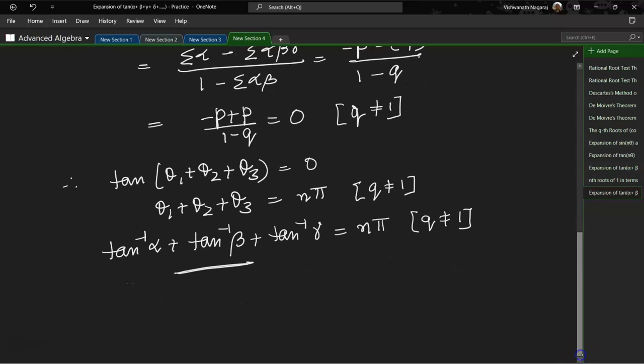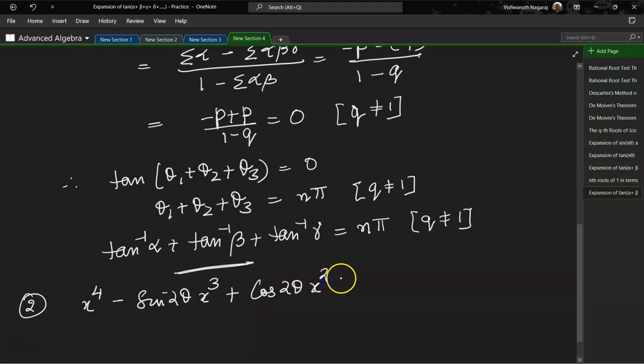Now let's look at the second problem. The second problem, again we are given an equation, x to the power of 4 minus sine 2 theta x cube plus cos 2 theta x square minus cos theta x minus sine theta equal to 0.